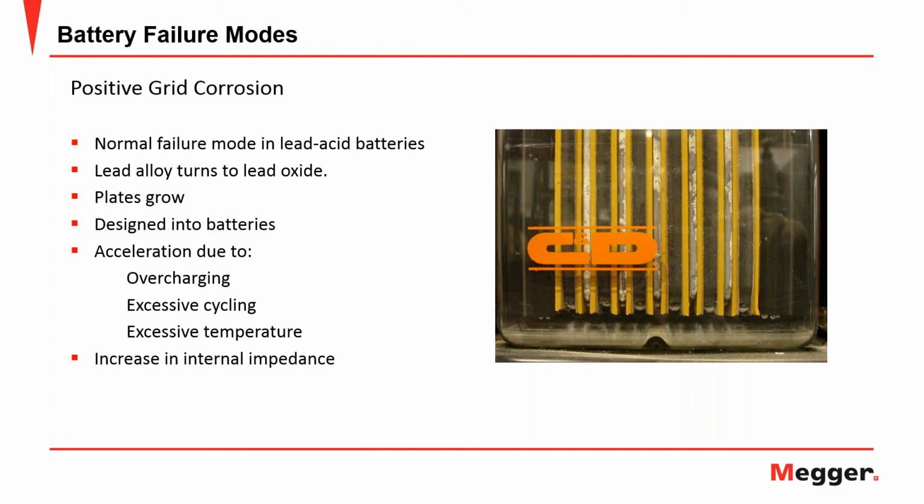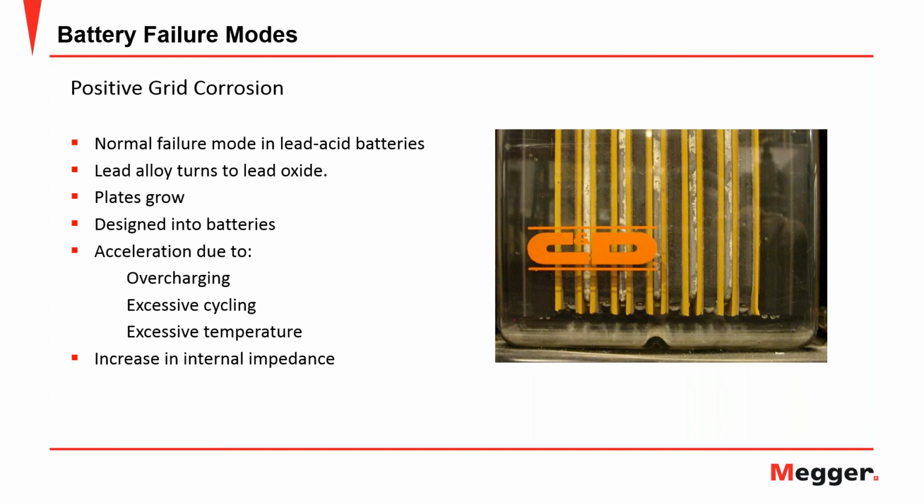So all these things will reduce the lifespan of the battery. And as the lead turns into lead oxide, you're losing active surface area on the plates. So what ends up happening is the internal impedance of the battery increases. So as it corrodes, the impedance increases.